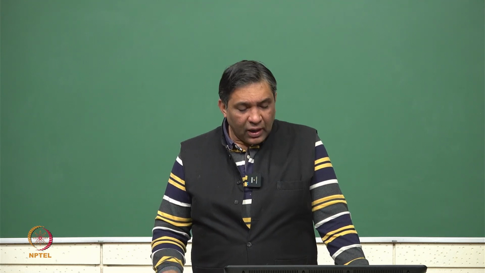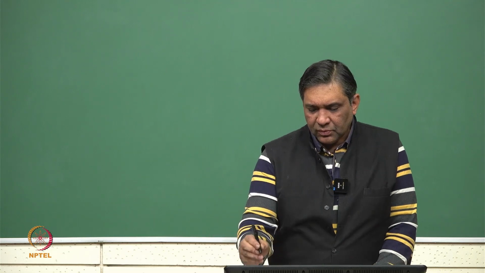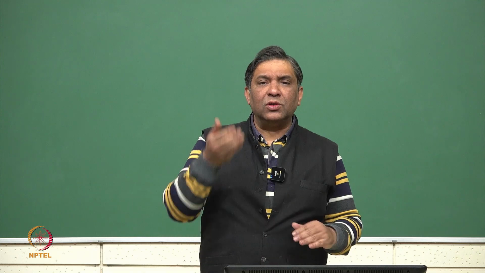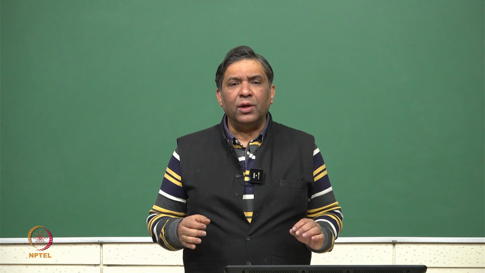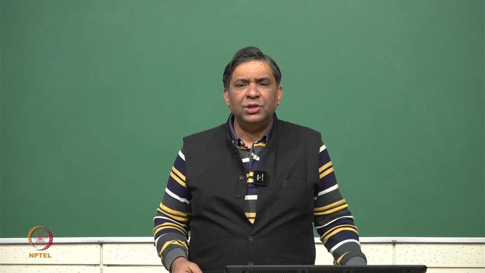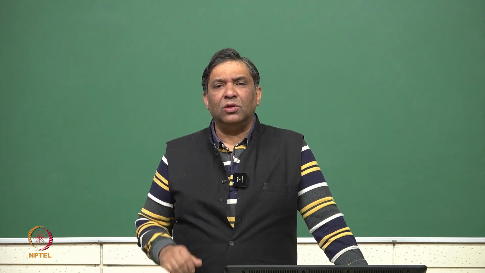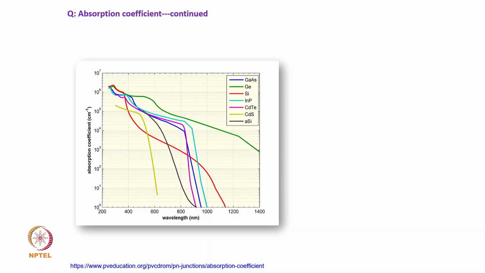And third is when E photon is equal to the band gap, and this is the perfect case where we know the absorption will take place, because the electron hole pair separation will take place. That means the electron will go from valence band to conduction band, and it will rest at the edge. So, the thermalization loss is minimum.